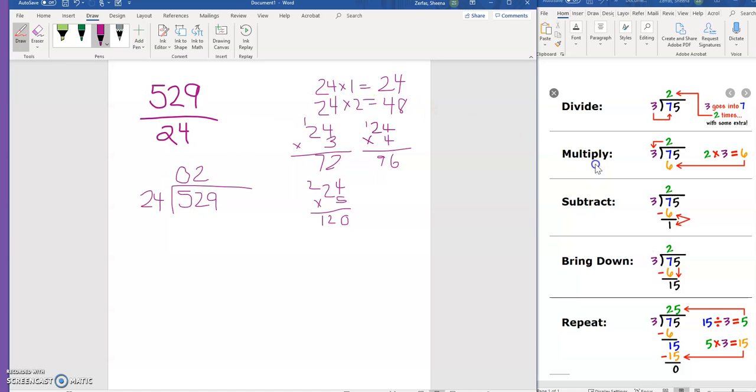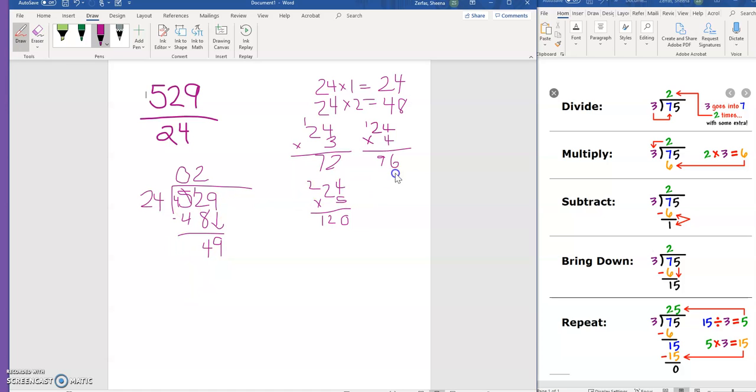I've already got my multiplication step done. 24 times 2 is 48, and that gets subtracted like so. We'll regroup. And after we subtract, we bring down.